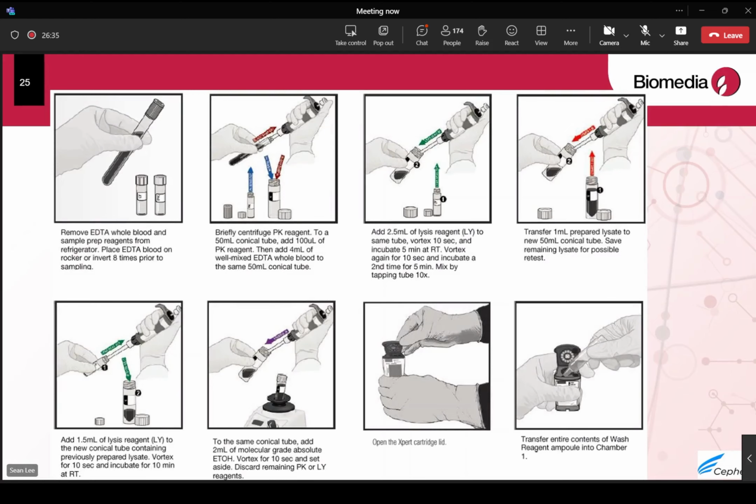You use the lysate, you put in lysis buffer again, and lastly you put in denatured alcohol, the absolute alcohol, to precipitate the DNA. Then you load the whole thing into the cartridge. So this is the simple version of the procedure. All right. Once it is put into the cartridge, you have to put in wash reagent as well.